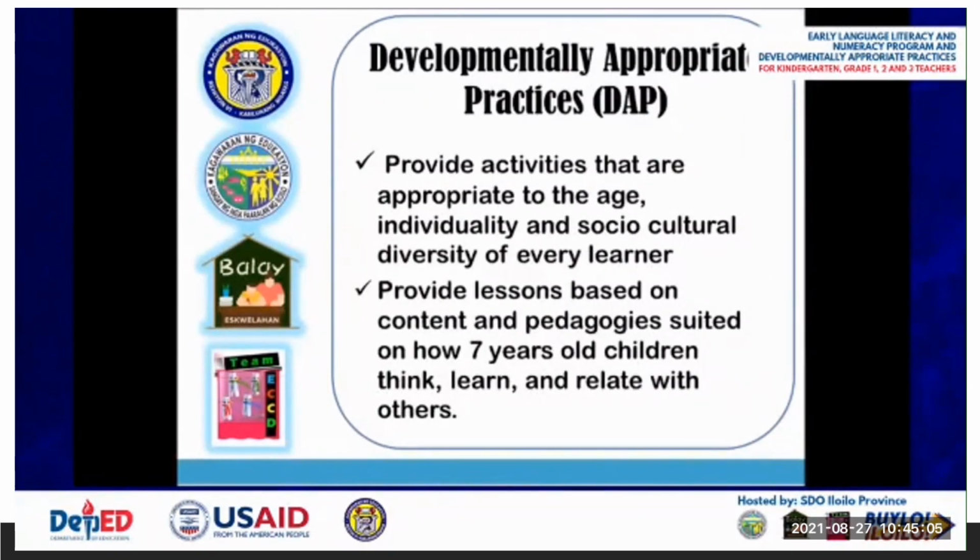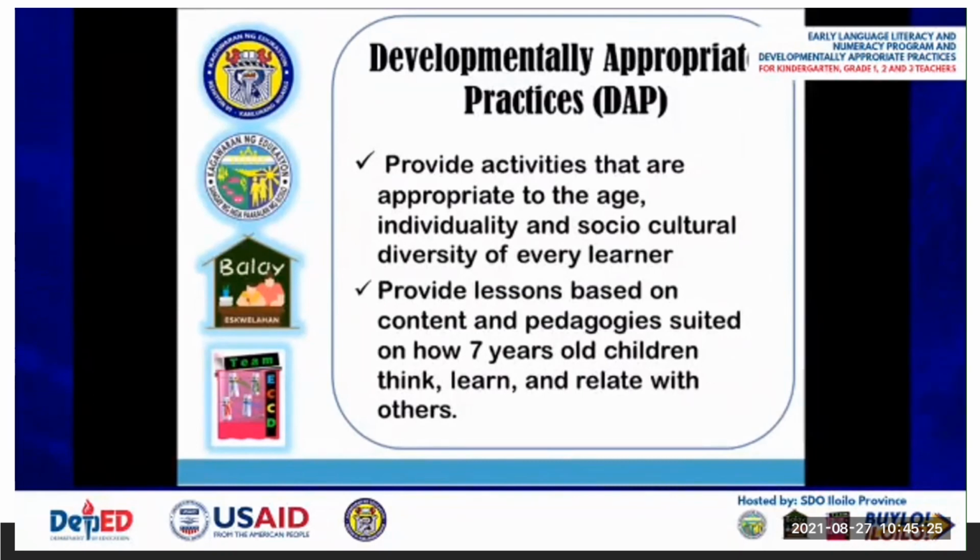We can develop the literacy and numeracy skills of our learners by providing them developmentally appropriate practices or activities that are appropriate to their age, individuality, and socio-cultural diversity of every learner.